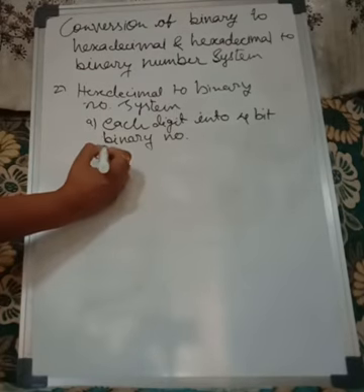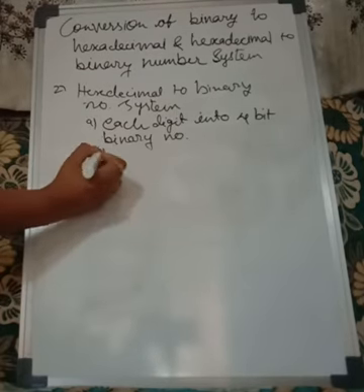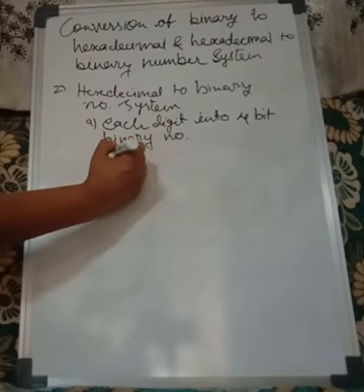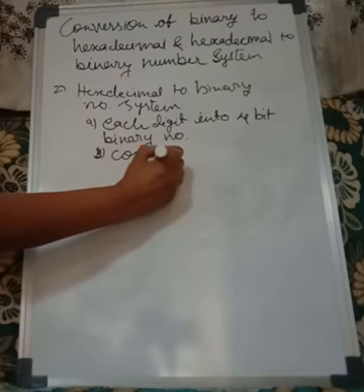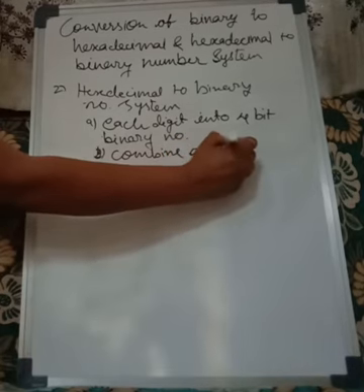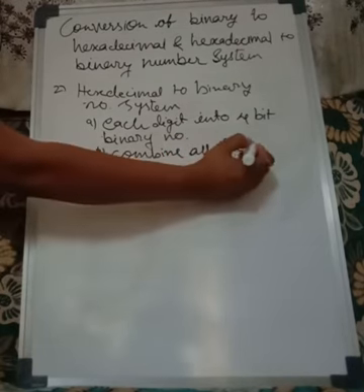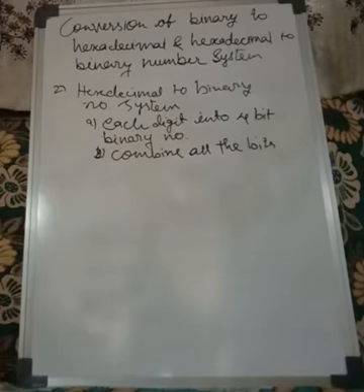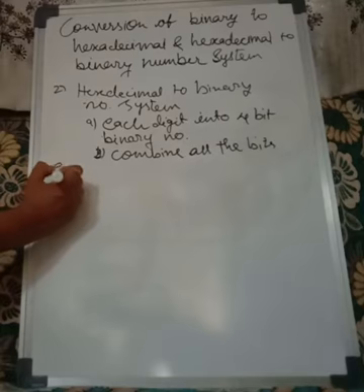Second point, combine the 4-bit groups by removing the space to get the resultant binary number. Or we can say combine all the bits. So let us study this with an example.